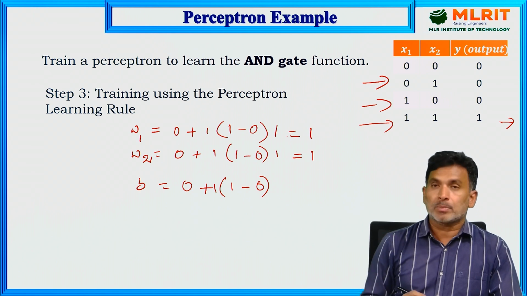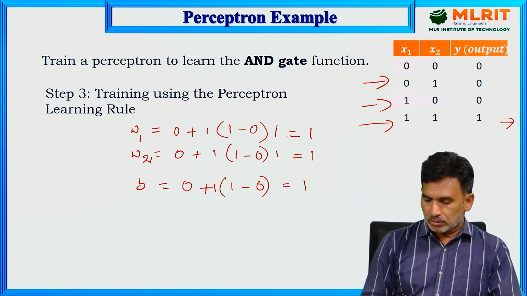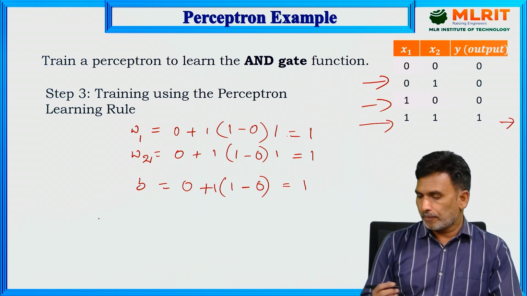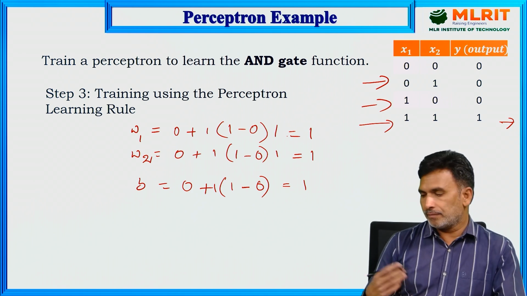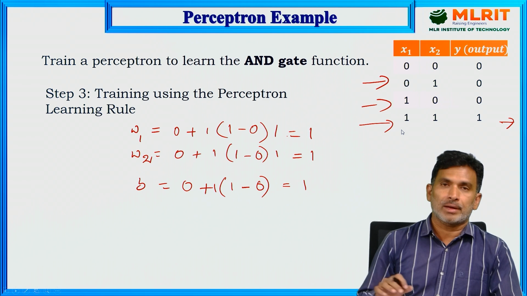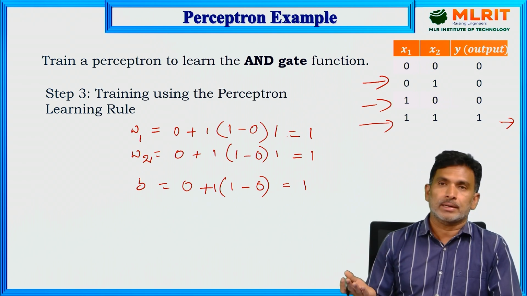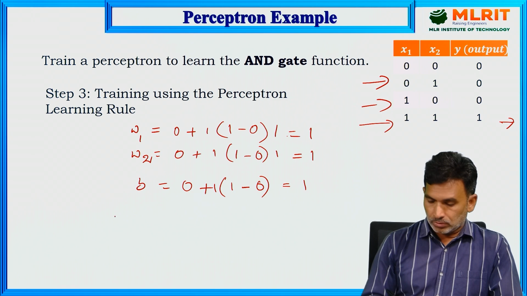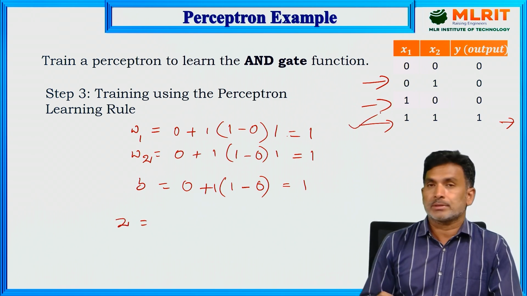That should be multiplied with the learning rate. So now this is equal to 1. So then we have updated, and then let us check for this instance with all updated values whether it would be able to classify correctly or not. So G, I am going to recalculate for this instance.